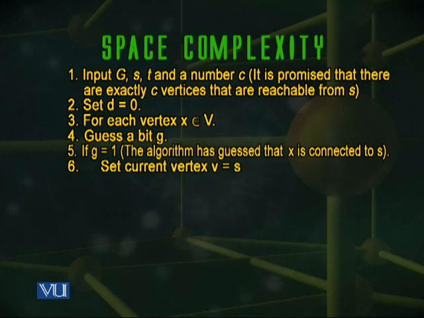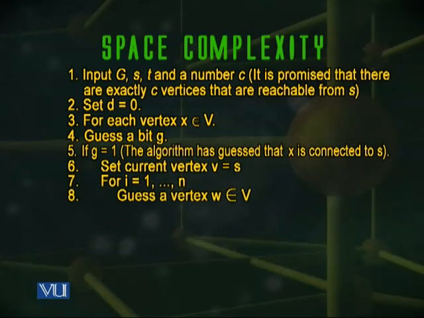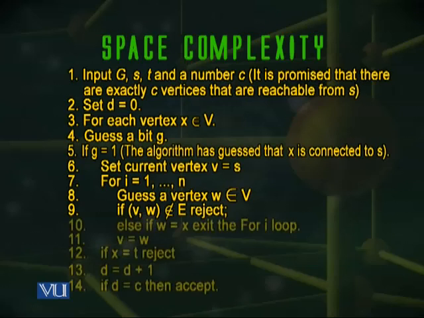We'll set the current vertex to be S, and for n times we'll keep guessing the next vertex. If the next vertex is connected to the current vertex via an edge, we will continue. If we ever hit X, we'll exit out of this loop. Otherwise, we'll go on and guess the next vertex on the path.